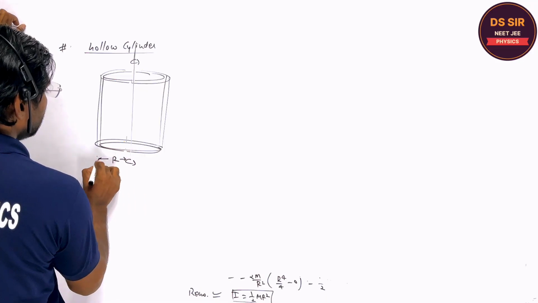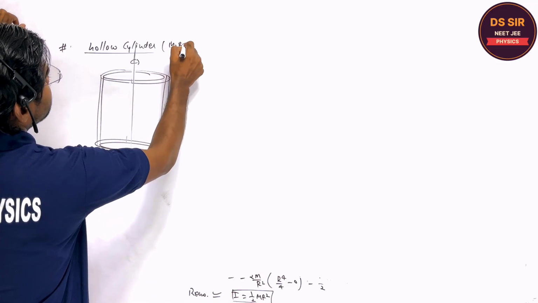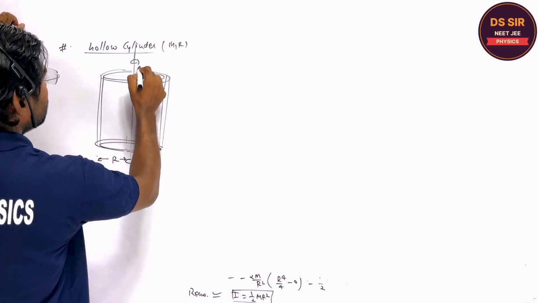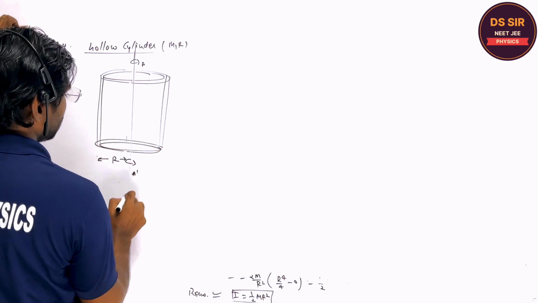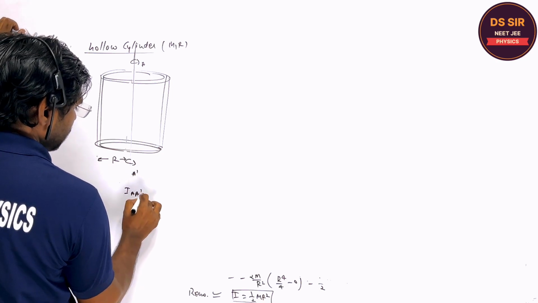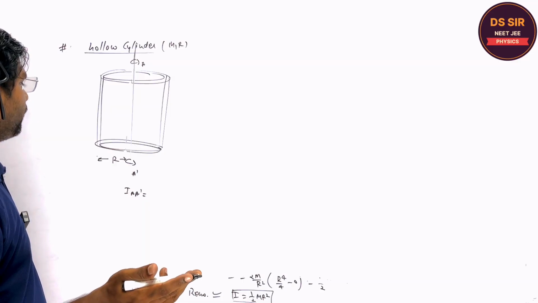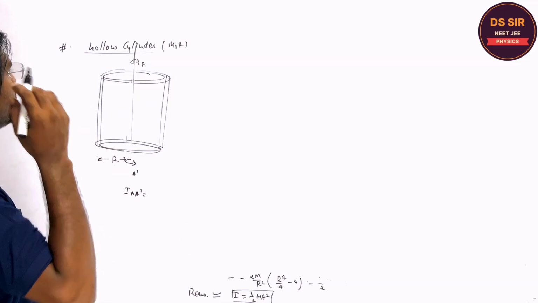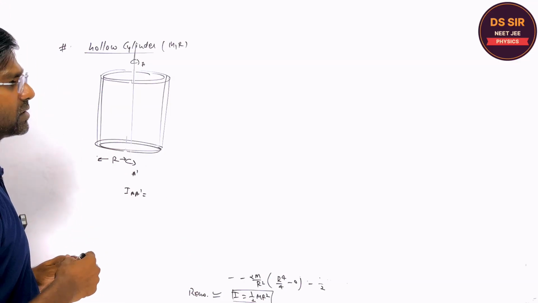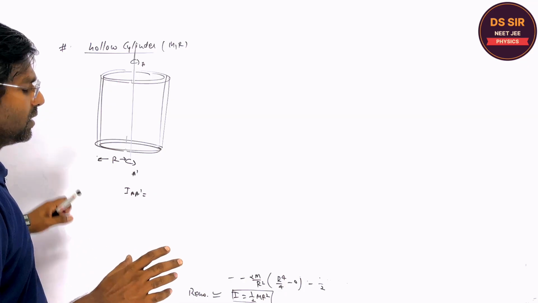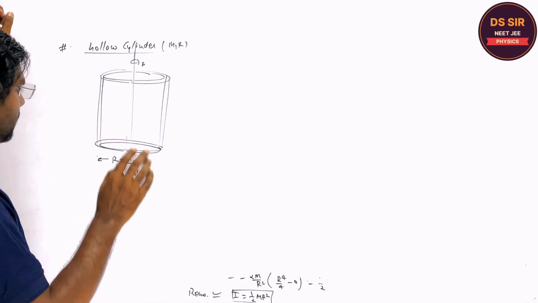The hollow cylinder is of mass m, radius r. Can you tell me what is the moment of inertia of this hollow cylinder? You tell. Yes, Varsha, any of you? What is the moment of inertia of this hollow cylinder about this axis? You don't know?